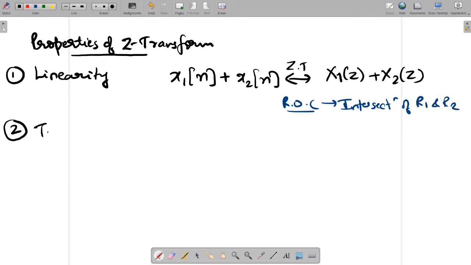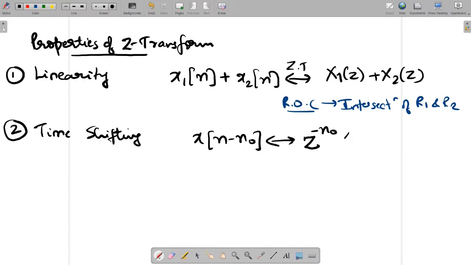Next property is the time shifting property. x of n minus n naught has Z transform z raised to minus n naught times x of z. The ROC is the same as that of x of n. So, what is this R?